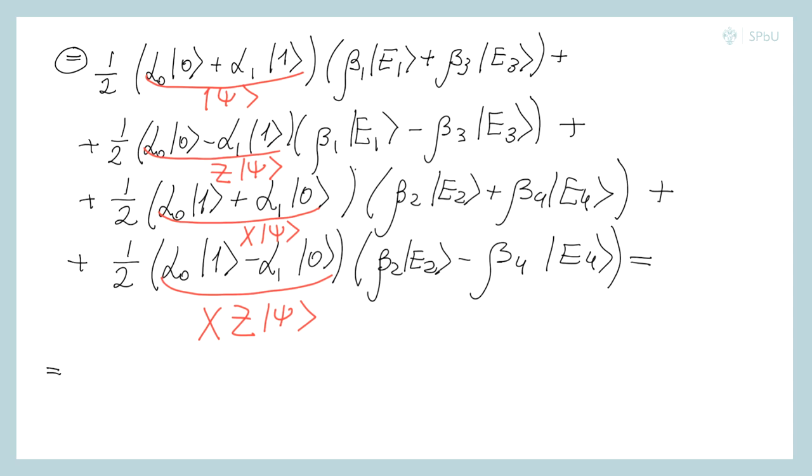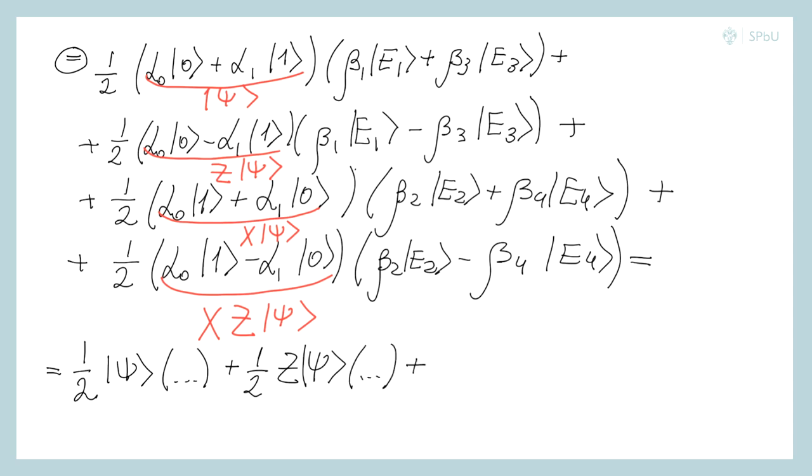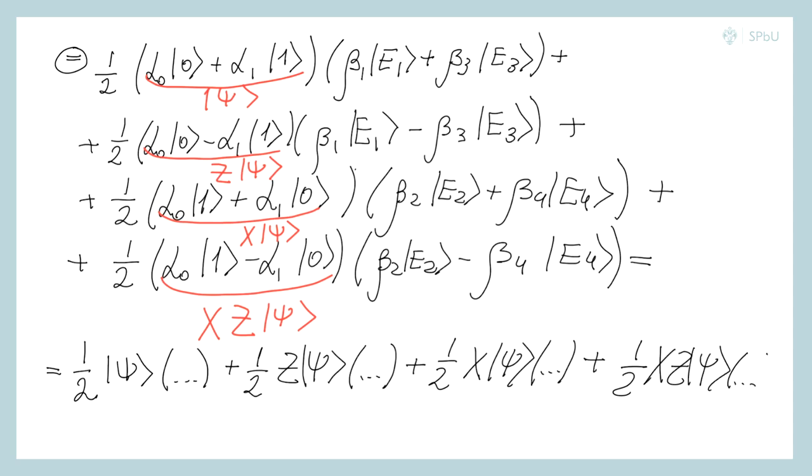I will write it in full: we have here 1/2 on the state psi and some state of the channel, plus 1/2 Z-psi and again some state of the channel, plus 1/2 X-psi and some state of the channel, plus 1/2 XZ-psi. And again, something connected with the channel.